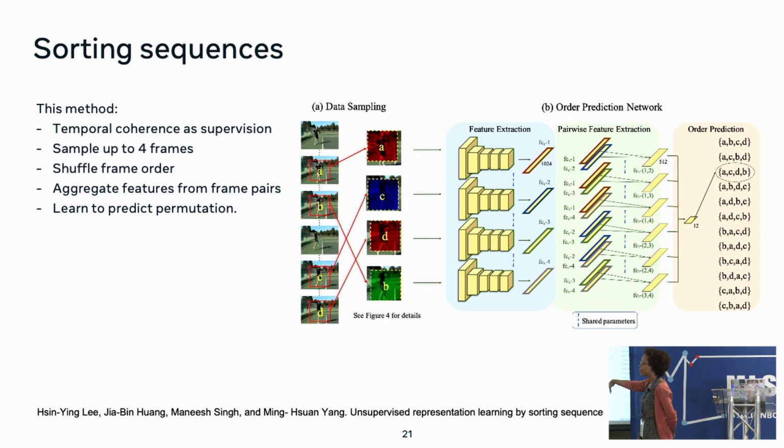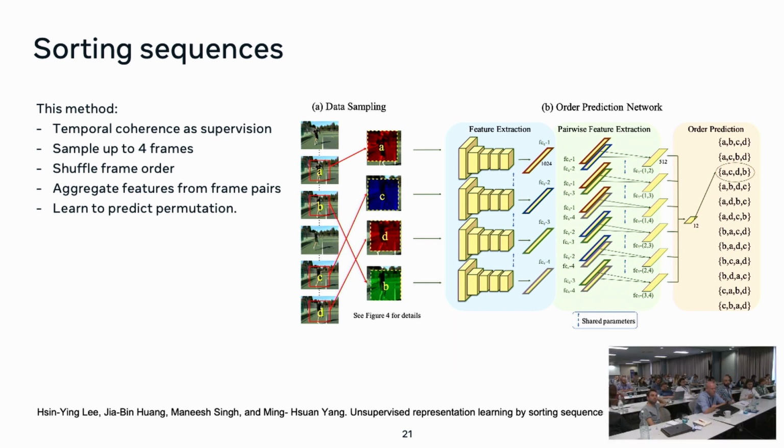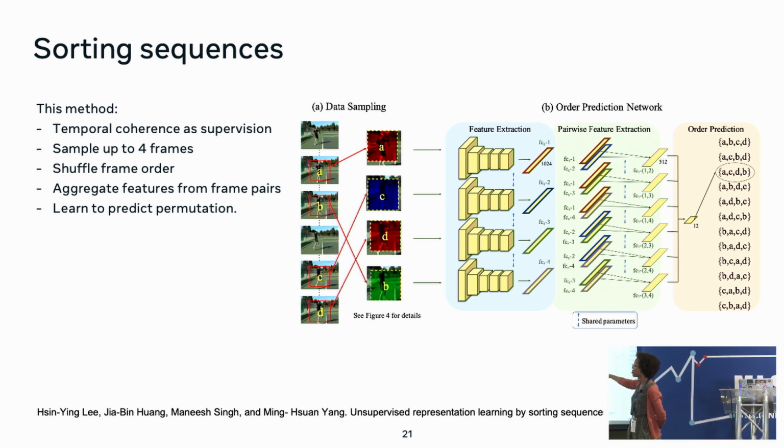You have some sequence of frames right here. You sample a set of frames from that sequence. In this case, you sample 4 of them. Then you shuffle the order somehow. You see, for example, these red lines imply that the frames are being shuffled into some other order than their original order, right? So you see B ends up at the end, C ends up there, etc.